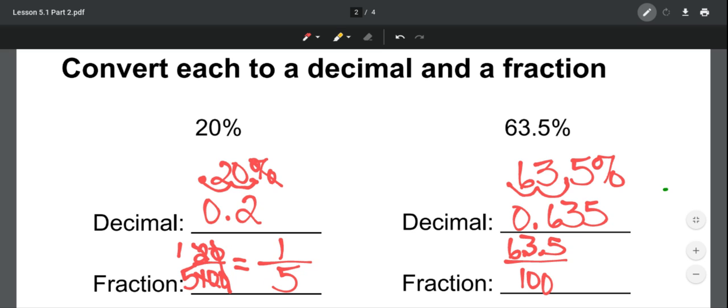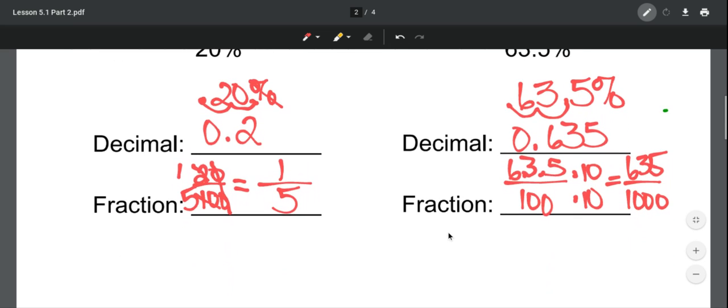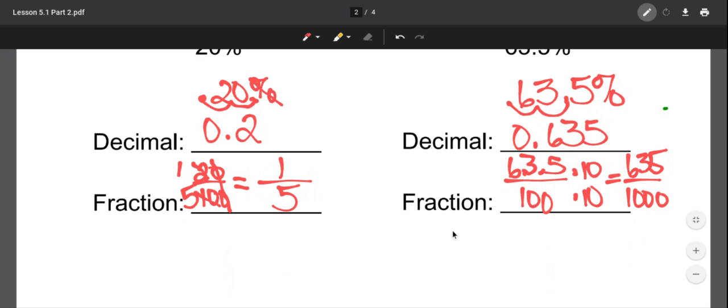Therefore, I'm going to get rid of it by multiplying the top and the bottom by 10, giving me 635 over 1,000. Again, we must reduce. So both the top and the bottom can be divided by 5 to reduce, giving me 127 over 200.